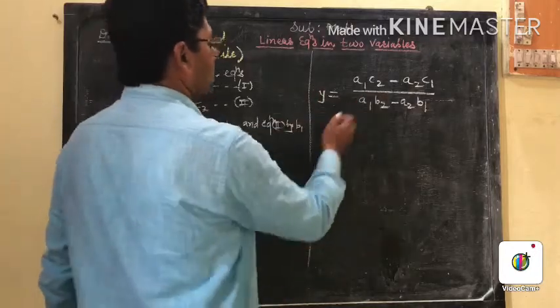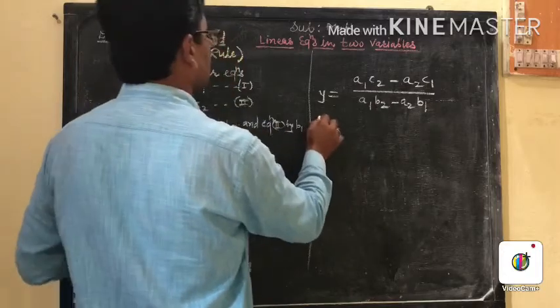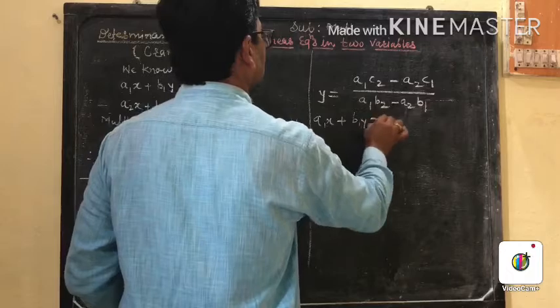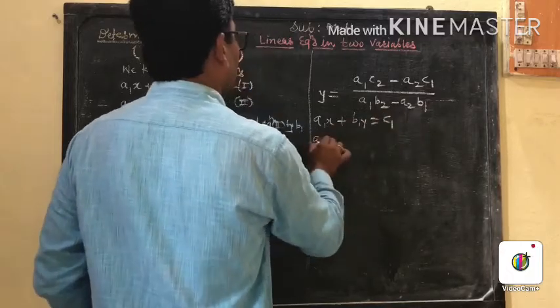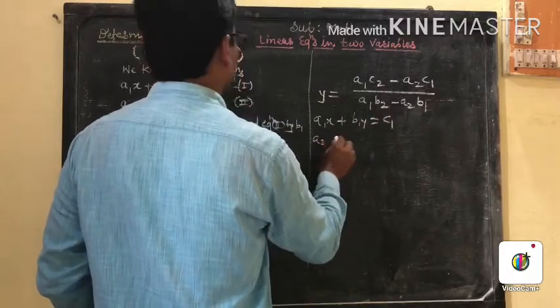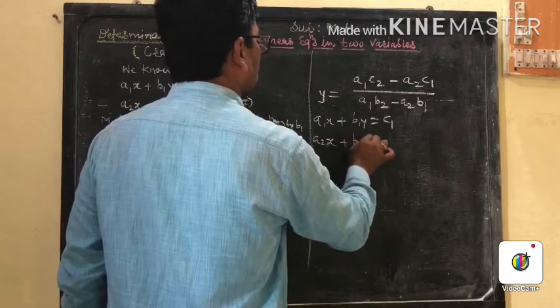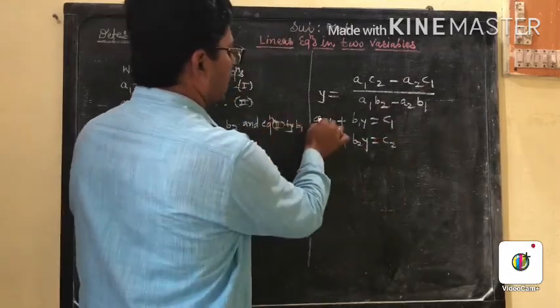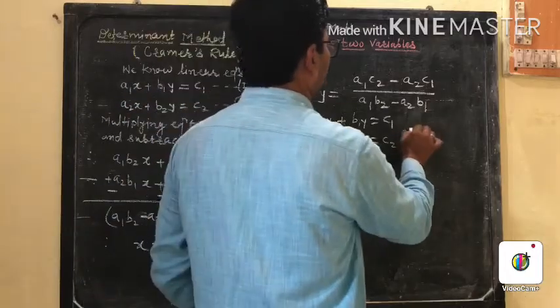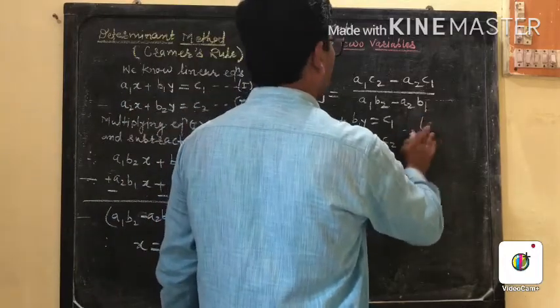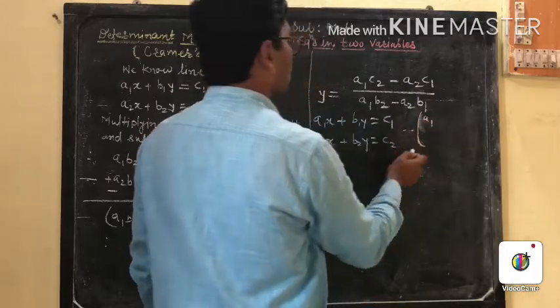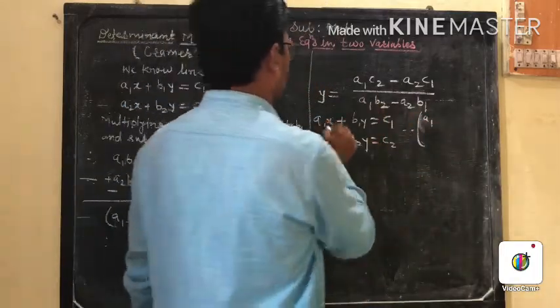Now, for these values of x and y of the equations a1x plus b1y is equal to c1 and a2x plus b2y is equal to c2, I am taking a1, a2 column wise to make the determinants.